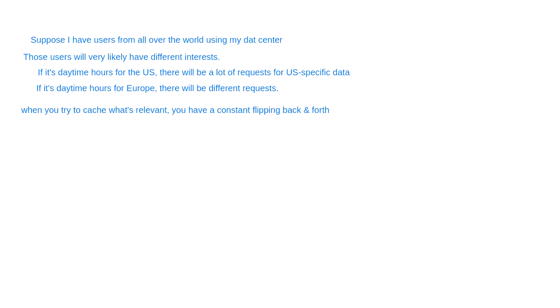But if each data center is fairly localized and covers a small-ish part of the world, the users' interests will be much more homogeneous, right? The same.